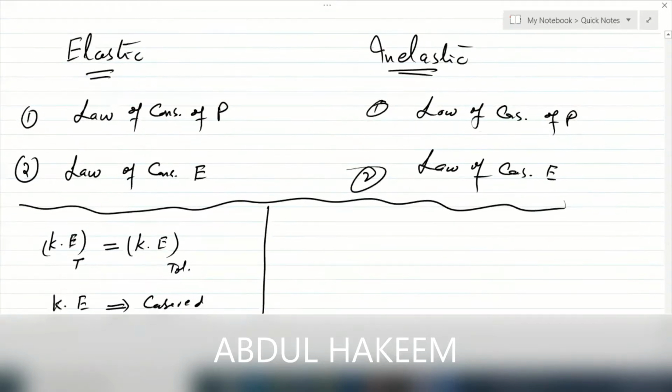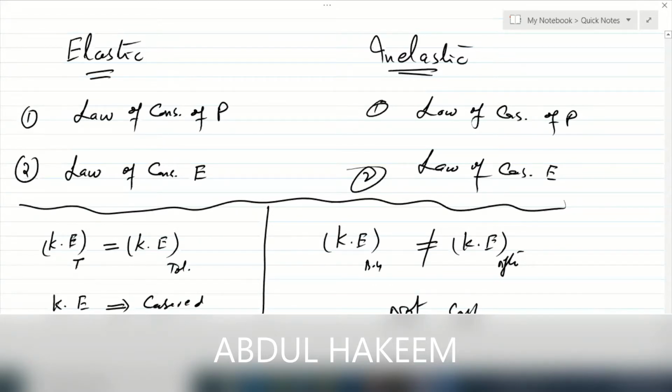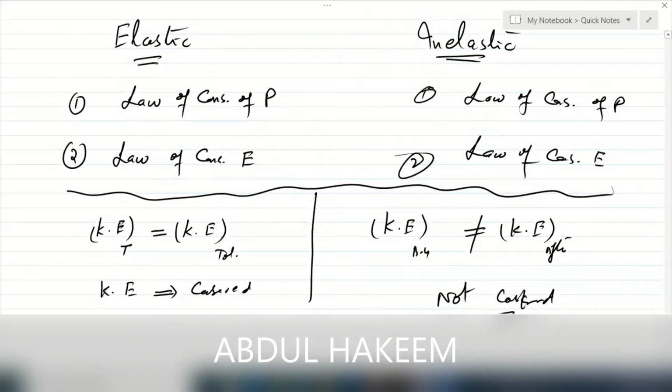But for inelastic, kinetic energy before collision is not equal to total kinetic energy after collision. Meaning it is not conserved. If kinetic energy is conserved during the collision, that is perfectly elastic. If kinetic energy is not conserved, before and after are different, then it is inelastic. This is the first difference.